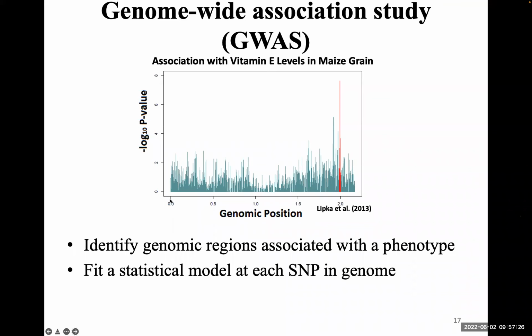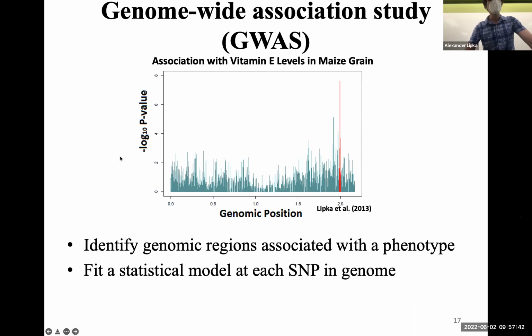In this picture, we have chromosome 5 on maize. Our x-axis is our physical base pair position on chromosome 5, and our y-axis is our negative log base 10 p-value.